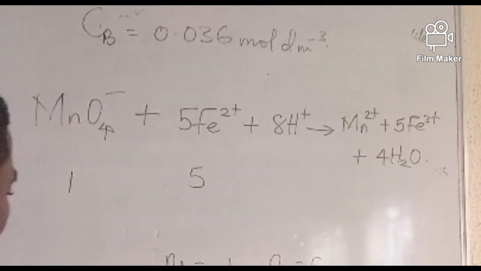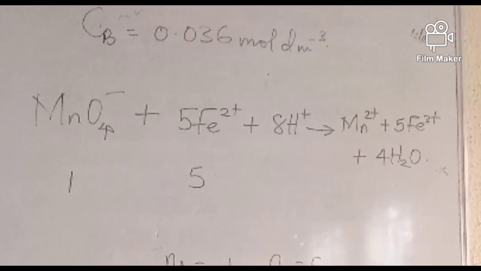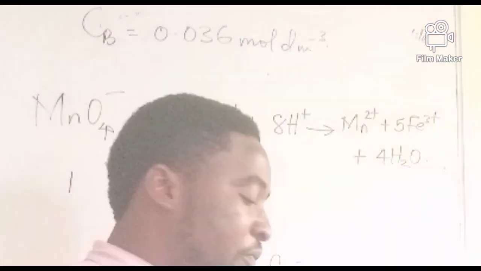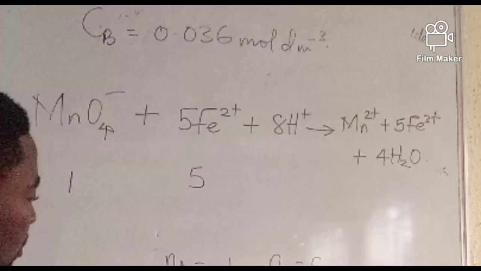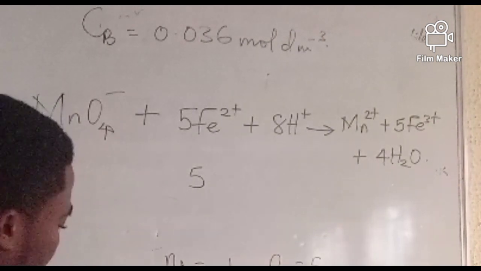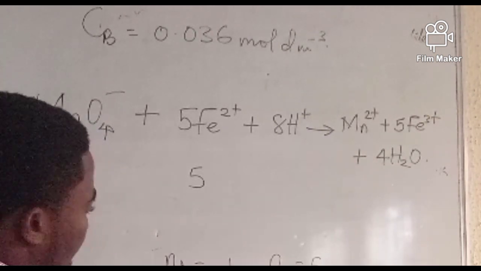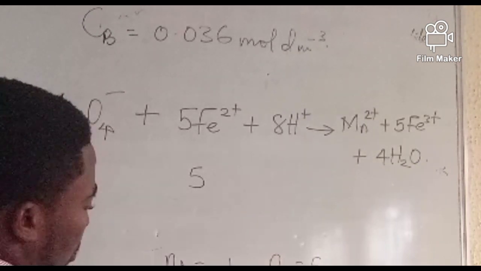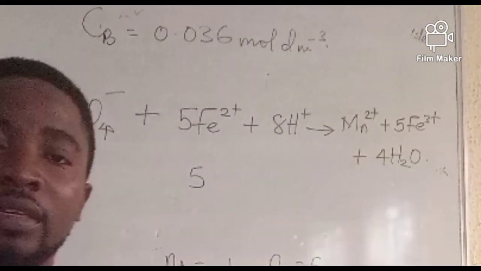Now when we substitute in the formula CAVA over CBVB equals Na over Nb, we have Ca is 0.01 times Va, which is the expected volume for the titration, divided by Cb, which is 0.036, times Vb, which is the volume of the pipette used, and that is equal to 1 over 5, which is the mole ratio of the oxidizing agent to the reducing agent.